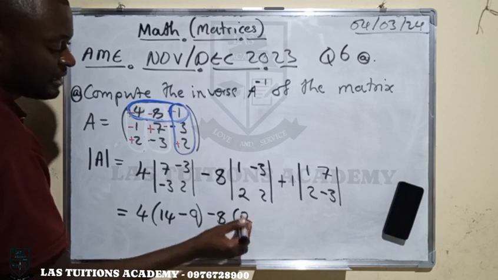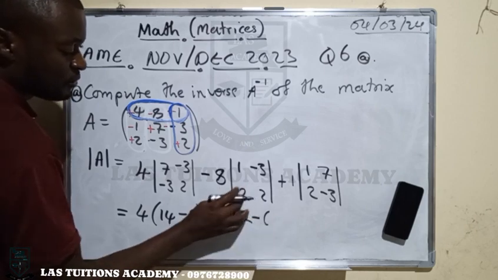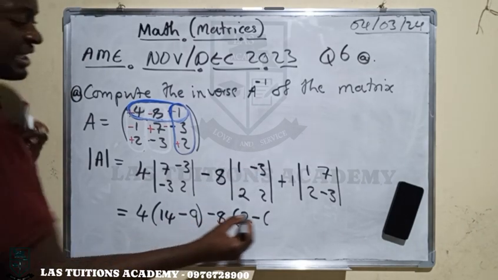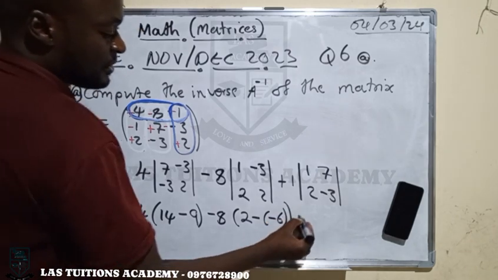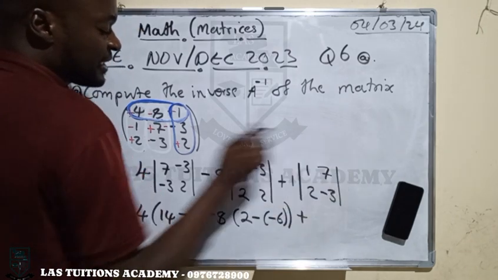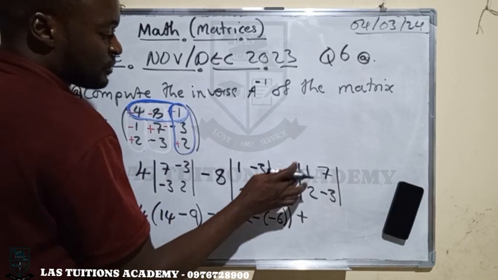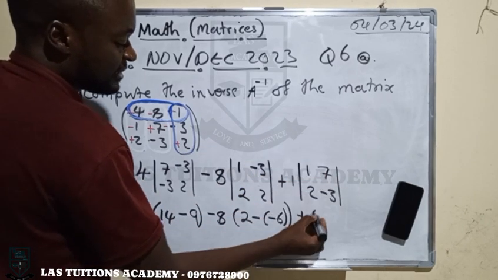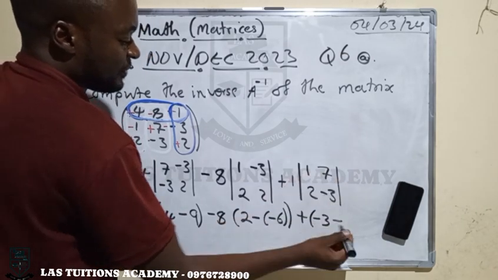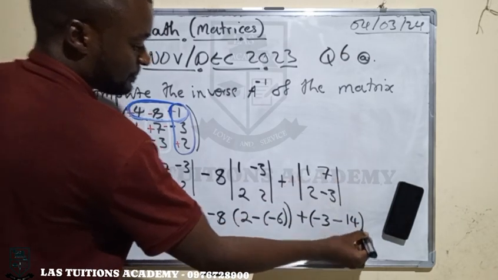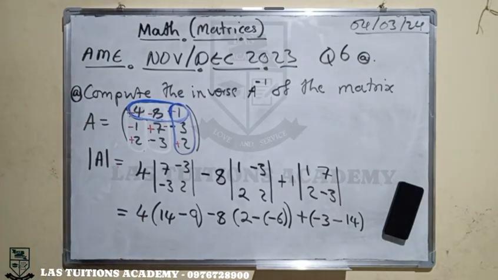Then minus 2 times -3, we get -6. Plus 1 times whatever we get here. So 1 times -3, we get -3, minus 2 times 7, we get 14. Okay, so that's what we get there.